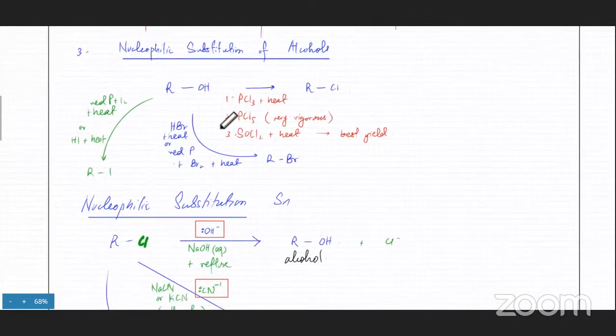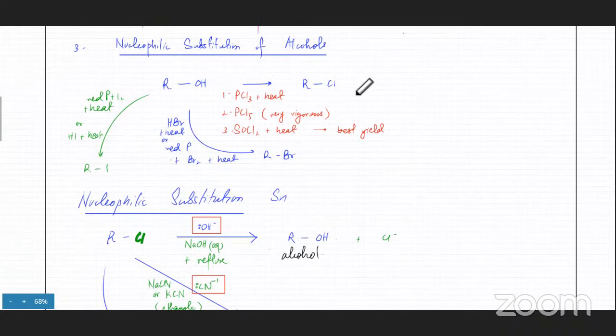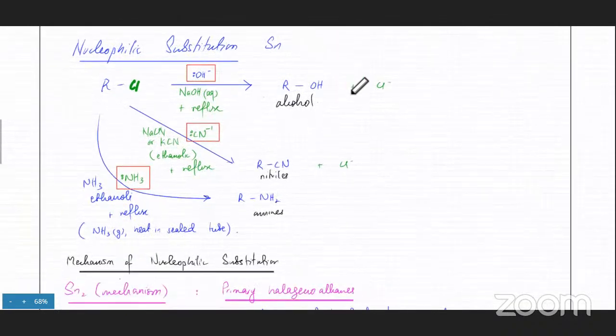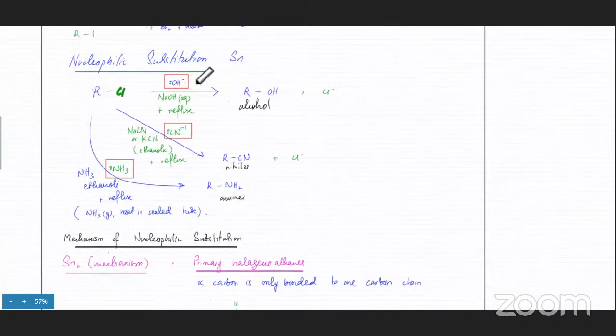And then alcohols could get substituted to halogenoalkanes by adding different reagents. PCl3, PCl5, SOCl2 can be added to form chloroalkanes. Now this one, we're talking about this one. If you want to get rid of the Cl and put an OH in its place, it's going to be NaOH aqueous and reflux. If you want to get rid of the Cl and put a CN, that's NaCN ethanolic, or NH3, that's NH3 ethanolic plus reflux.